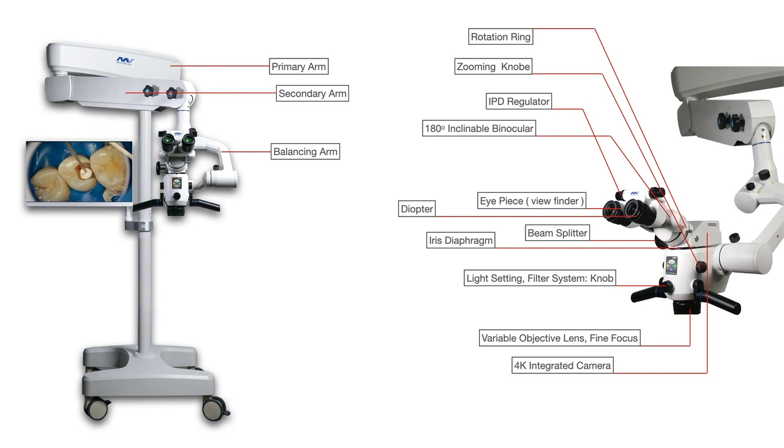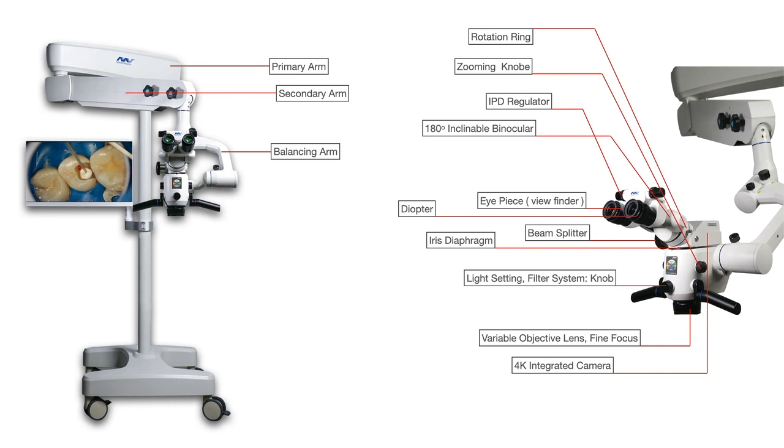If I want more light, especially when I go inside the canal to remove a fractured instrument, I increase the light, because my microscope is default at 30%. So it will not hurt my eyes because it's not 100% full intensity. When I turn on my microscope, it gives me 30%, and it is quite enough for all the procedures.